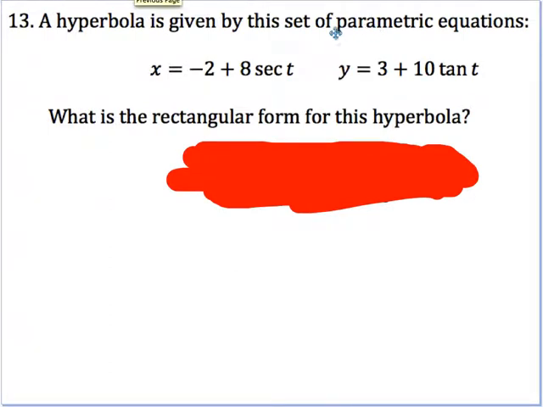The next one: a hyperbola is given by this set of parametric equations. So these are the parametric. What is the rectangular form of the hyperbola? Hopefully, guys, everybody remembers that you are only going to be able to use your white notes on the test tomorrow. And I told you several times that you can write whatever you want on those white notes.